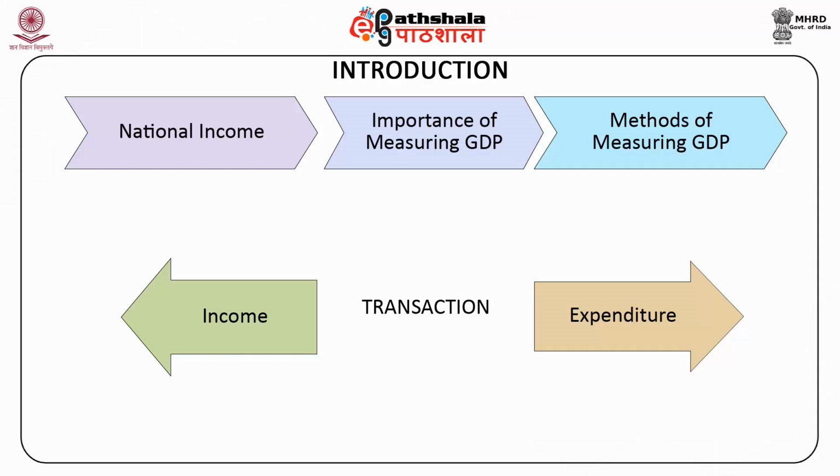Accordingly, GDP can be measured from any of these approaches, the income approach or the expenditure approach. Apart from these two aspects of a transaction, there is one more aspect which focuses on the value added to the product. This forms the third approach, the value added approach.